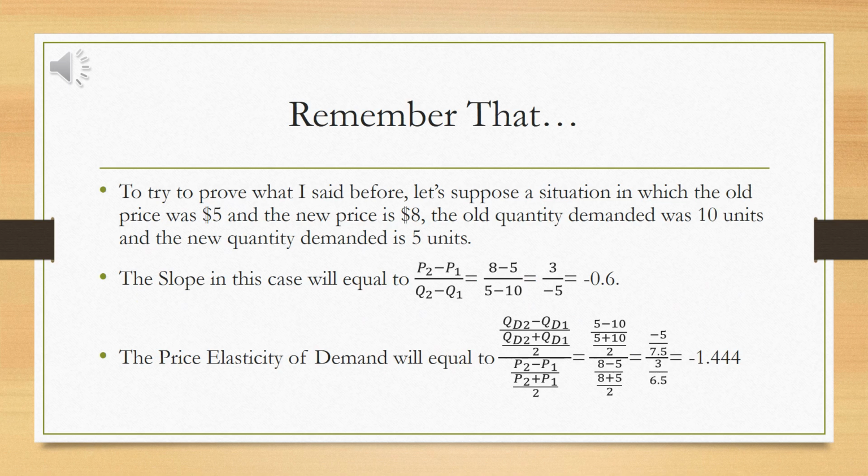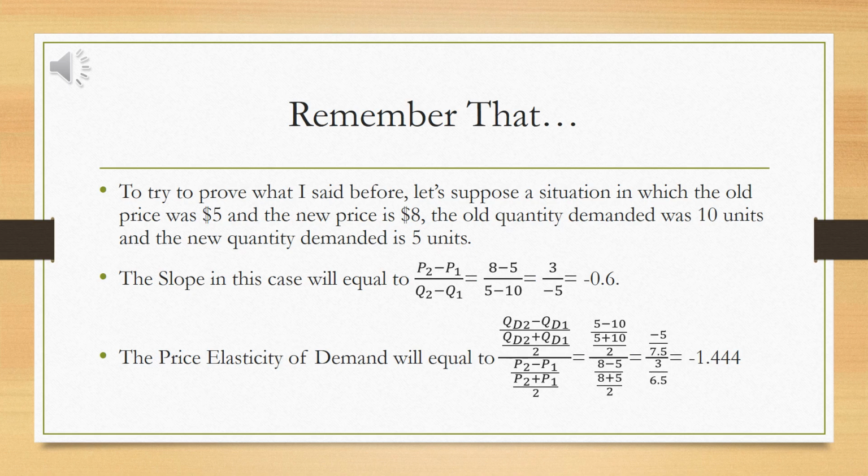To try to prove what I said before, let's suppose a situation in which the old price was $5 and the new price is $8. The old quantity demanded was 10 units and the new quantity demanded is 5 units. The slope in this case will equal to 8 minus 5 over 5 minus 10, which is 3 over minus 5, which is minus 0.6.